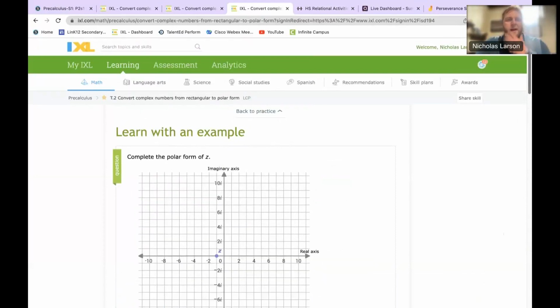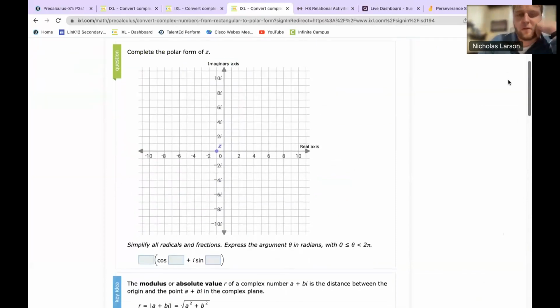So converting a complex number from rectangular to polar form. If we look at our axes, our real axis is where the x-axis usually is, and our imaginary axis is where the y-axis used to be. So your real goes here and your imaginary goes here.